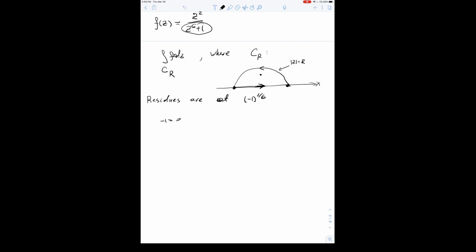Okay, so we know that -1 is e to the pi i plus 2 pi n, so (-1) to the 1/6. I'll just list all the values. So pi i over 6. Then pi i plus 2 pi n gives 3 pi i divided by 6, which is pi i over 2, which is i. Then 5 pi i over 6. Then we add 6 pi n, so we get 7 pi i over 6.